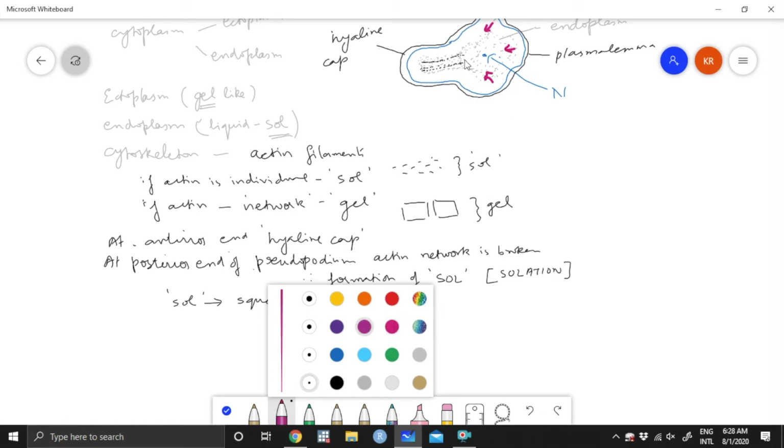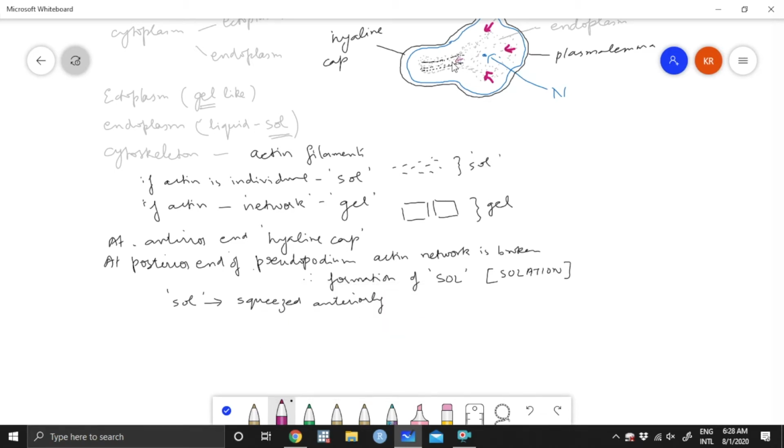So this layer is squeezed along this direction.